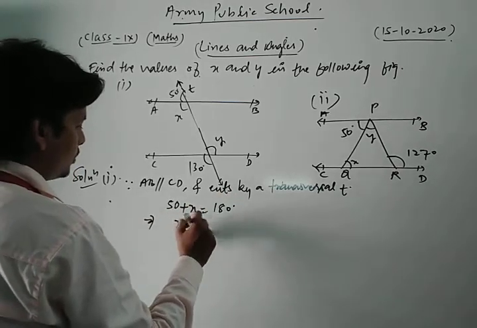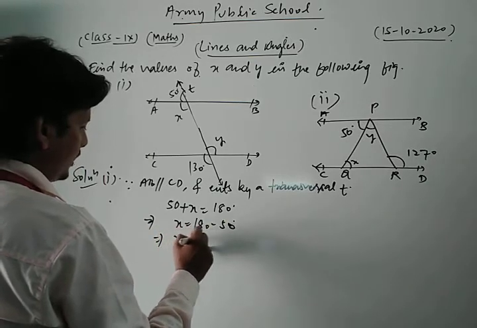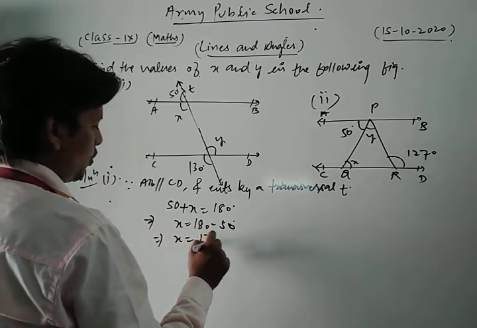That is, the value of x is equal to 180 minus 50, which is 130 degrees.